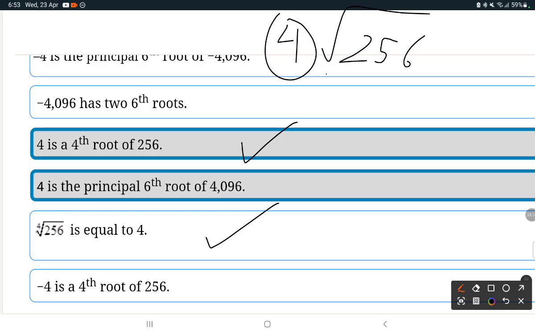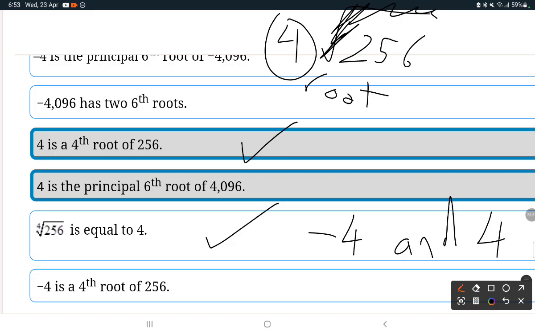So this is basically the fourth root of 256. As we said, the roots of 16 are negative 4 and 4. And same thing here, since the index is even, it's going to be correct.